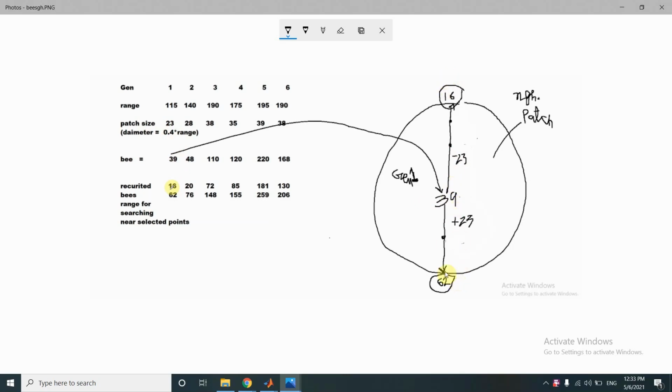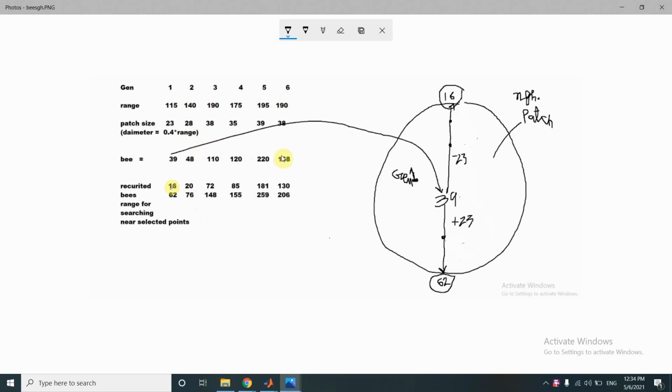So from 16 to 62 is the neighborhood patch of this elite site 39. The new NEP bees sent to the elite site will take up a position anywhere within this patch of 16 and 62. This is for one dimension. The same thing would apply for the other five dimensions as well.